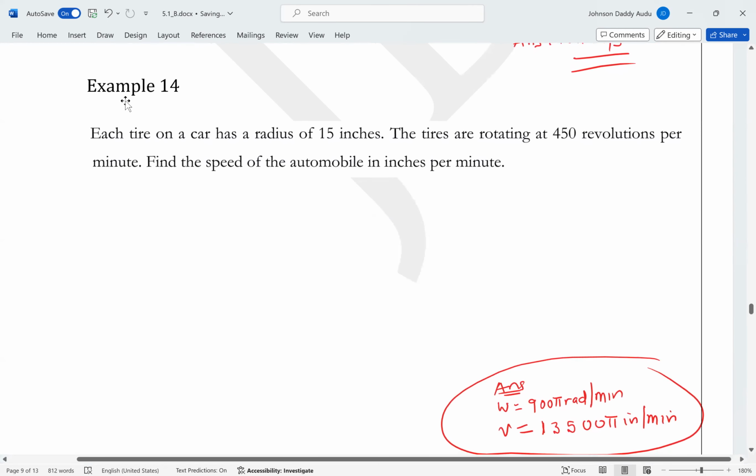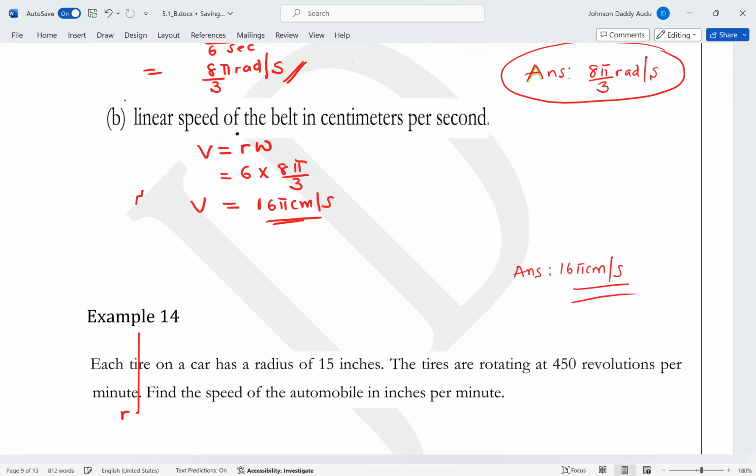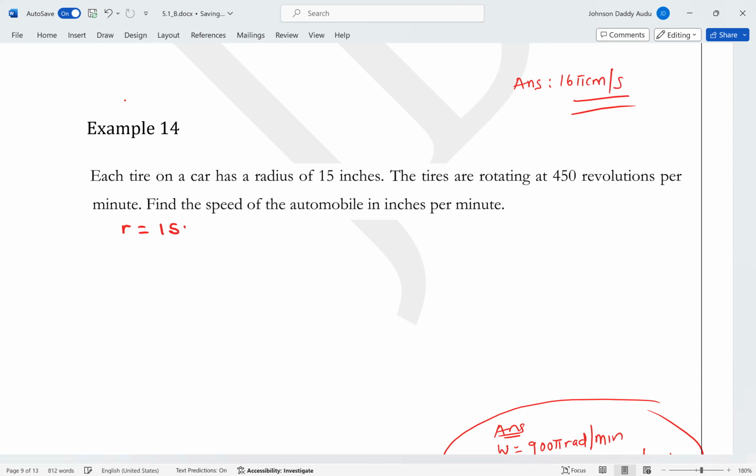Okay. Now for 14, it says each tire on a car has a radius. So the radius here is what? 15 inches. And omega is what? 450 revolutions per minute.